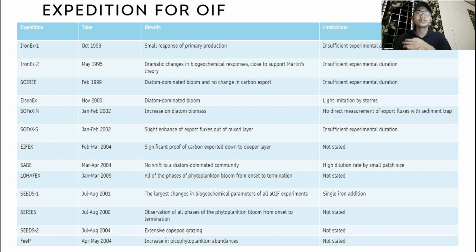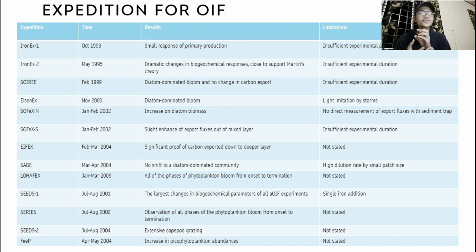In Iron Expedition 1, a small response of primary production was recorded due to insufficient experimental period to observe. This may be due to low funds, so they needed to stop the expedition, but they continued into Iron Expedition 2, where they recorded dramatic changes in biogeochemical responses.